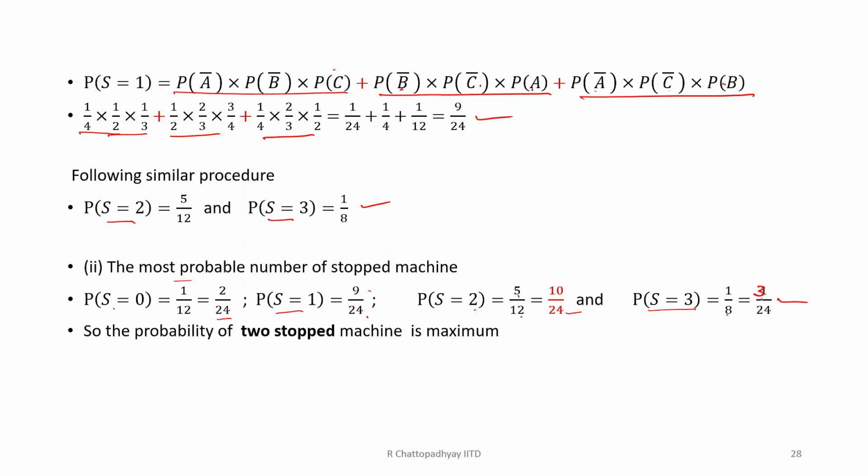So if we compare which one is maximum, it is 10 by 24. So the probability of 2 stopped machines is maximum. That is the answer for the second question. So we find out the individual probabilities, compare the values, and find out which probability is maximum.